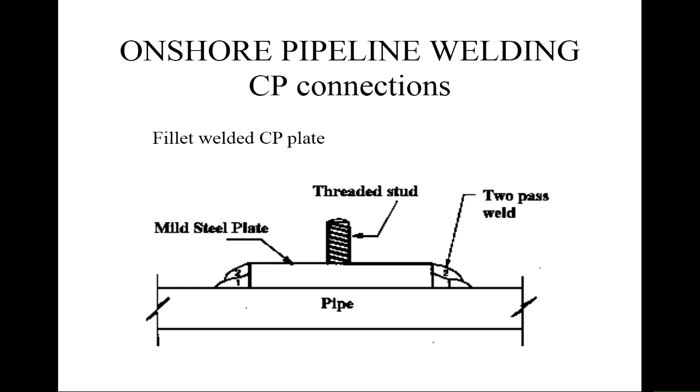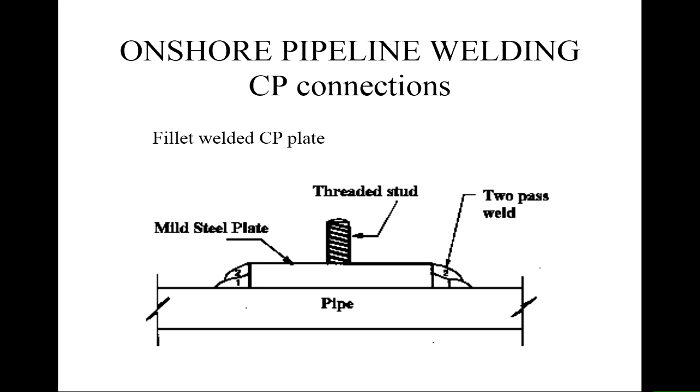The other thing that you might want to do is attach connections to the pipe, particularly for cathodic protection. So in those cases, it's a threaded stud that you're applying, which you can then bolt a wire connection on to your CP power supplies and things like that. These are often welded, so the stud goes into a plate, and then the plate is welded around its peripheries with a 2-pass weld.